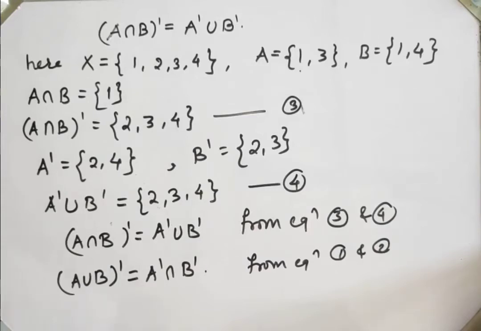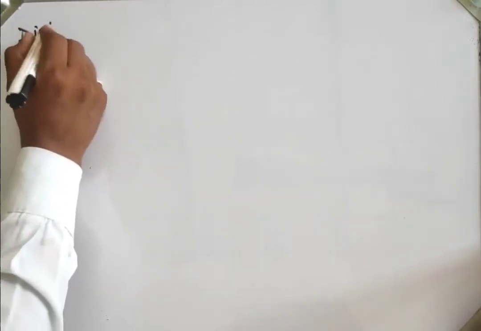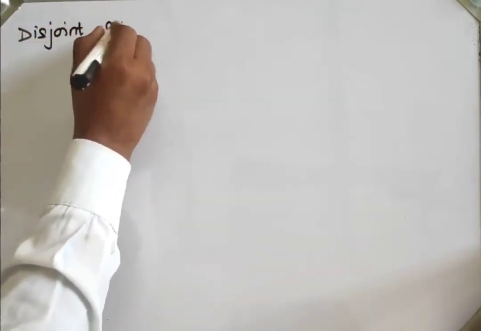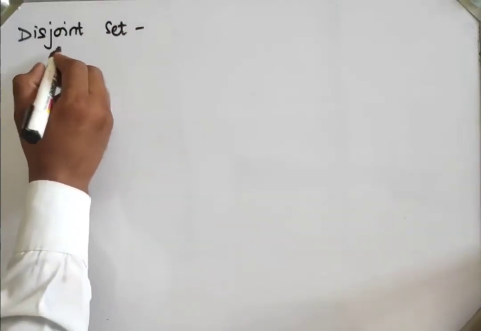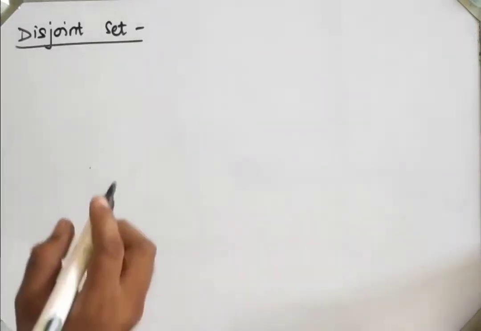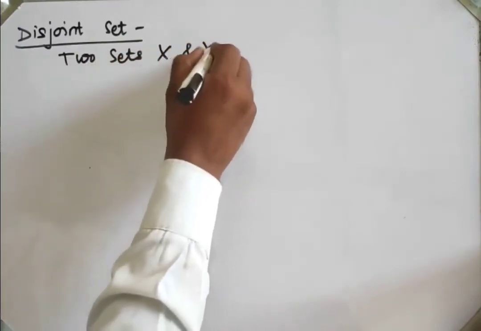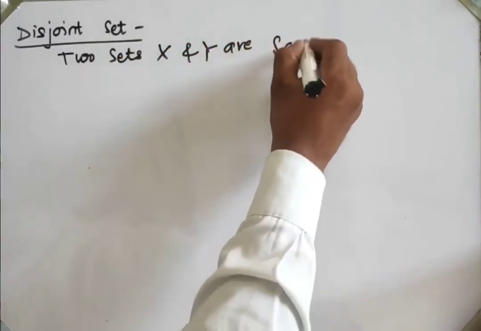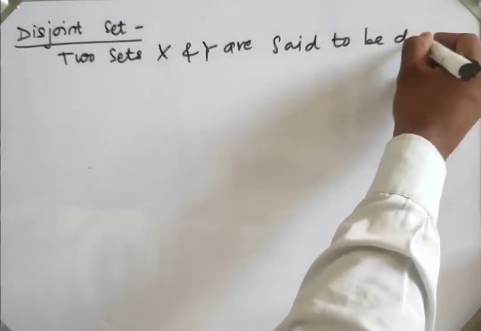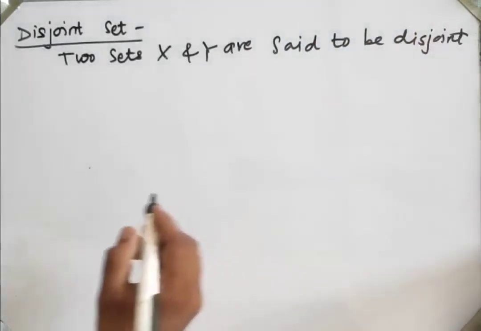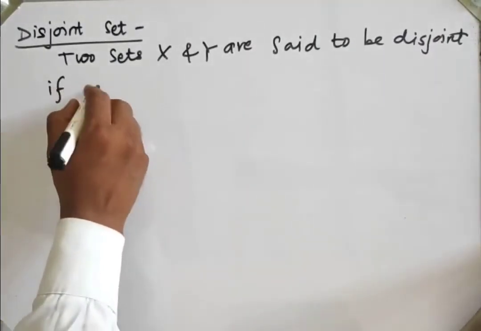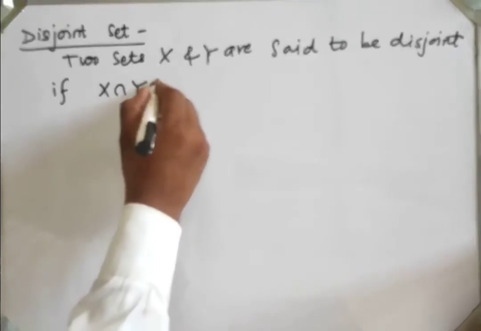Next we define disjoint sets. Definition: two sets X and Y are said to be disjoint if their intersection X intersection Y is empty.